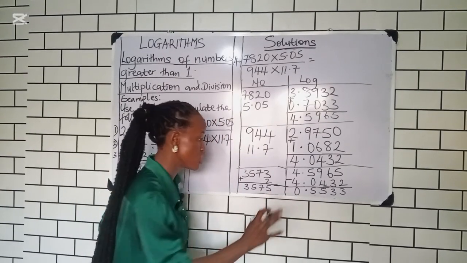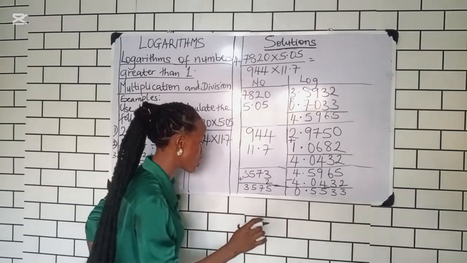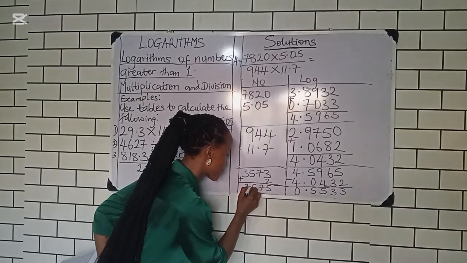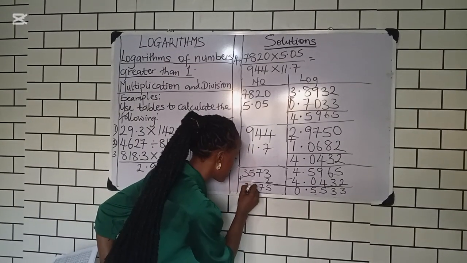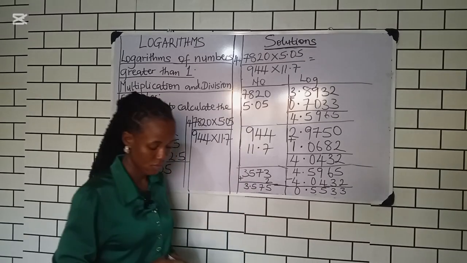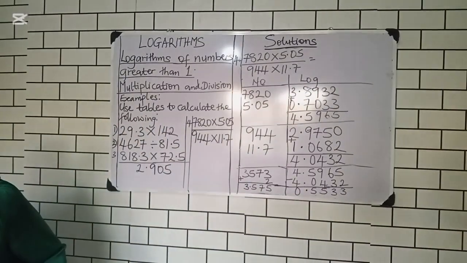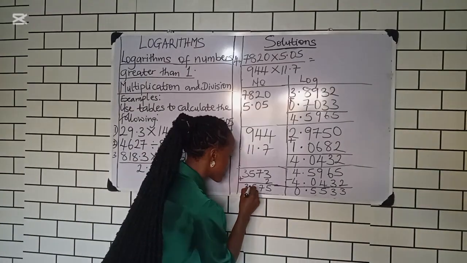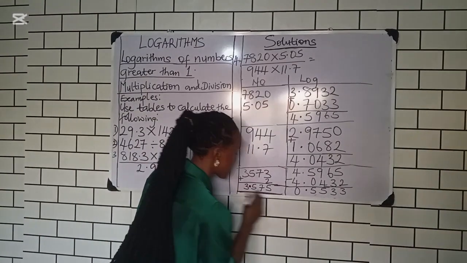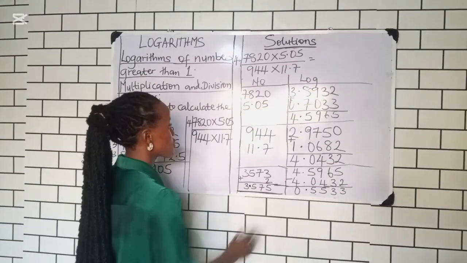And what we have here is 0. Therefore, we're going to position our decimal point immediately after the first non-zero digit, which is 3, so that if you write this number in standard form, the power of 10 is going to be 0.